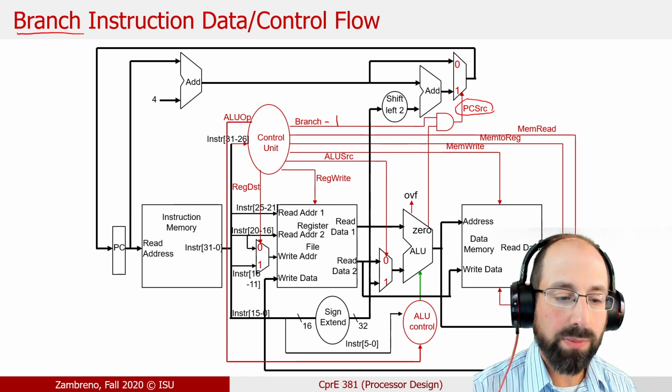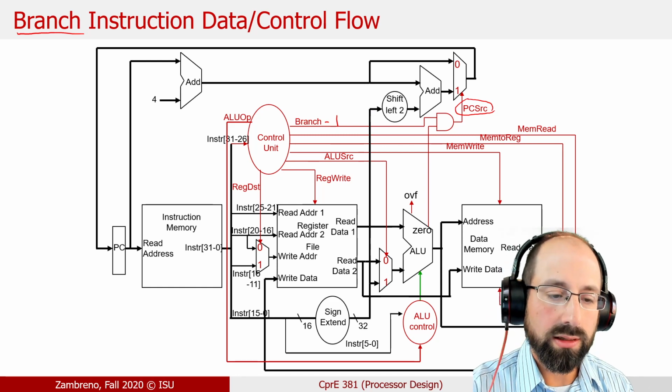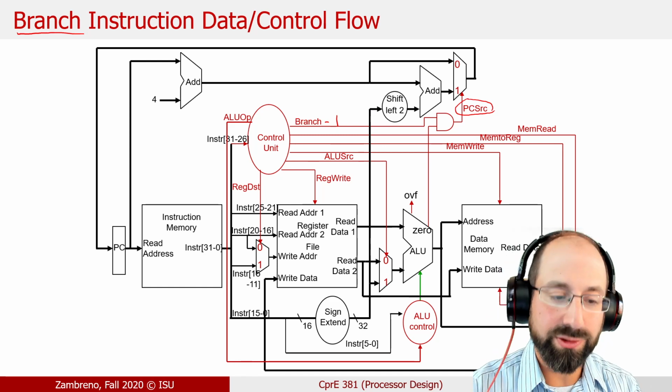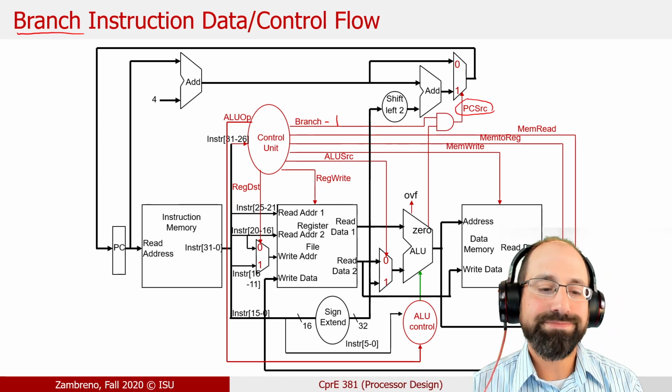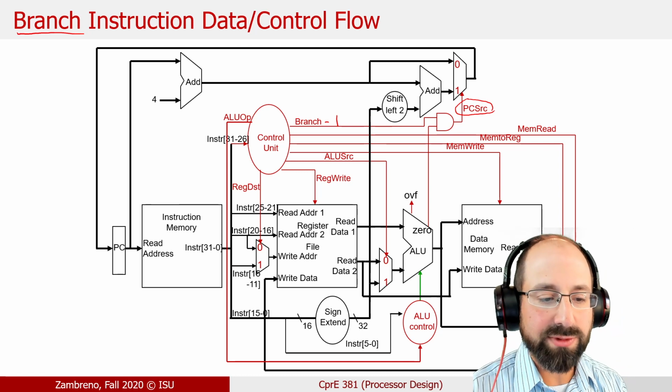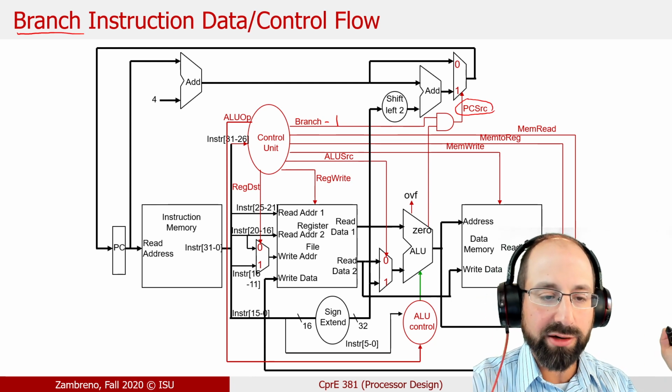So for this, when I say branch, and when the textbook talks about branch, they're referring to branch equal and or branch not equal. We know there's a few other branch instructions than those, but conditional branches is what this one's talking about. It's not blindingly obvious that that's what this is talking about, but the jump logic's not actually in this diagram yet, and we'll talk about the jump logic and add it to this diagram.